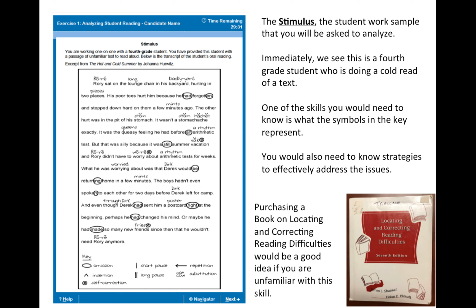So if you were asked to identify any reading strategies, math misconceptions, or anything specific, science misconceptions, you can actually just go to Amazon and type in what you're looking for and find a book on it. And look, guys, don't buy the $300 book. This is an old book. This is a 7th edition book. I probably paid $10 for this 9 years ago.